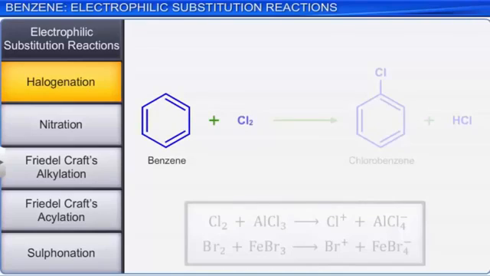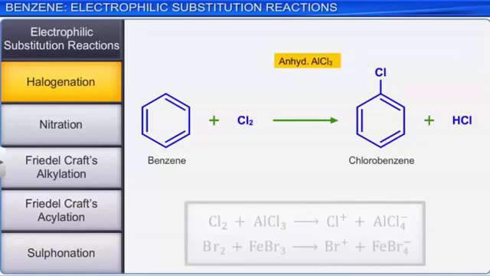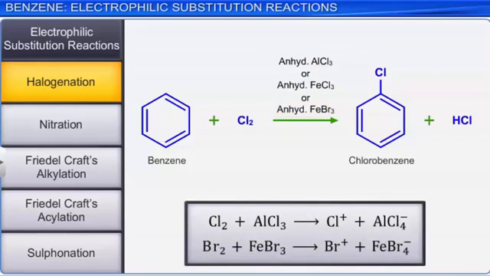Usually, the halogenation takes place in the presence of a Lewis acid such as anhydrous aluminium chloride or ferric chloride or ferric bromide, as they help in the generation of electrophile, that is, halonium ion.